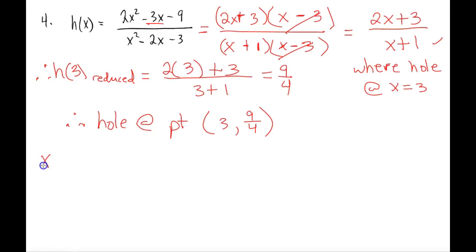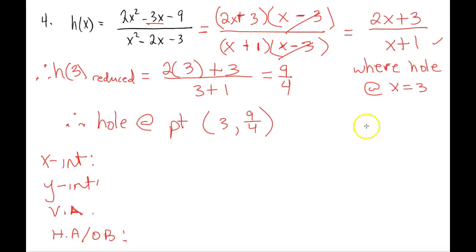So we know we need to find out where our x-intercepts are, y-intercepts, as well as whether we have any vertical asymptotes, and do we have a horizontal or oblique asymptote. And of course, we want to find out if the function crosses the horizontal or oblique asymptote or not, as well as the behavior around the vertical asymptotes.